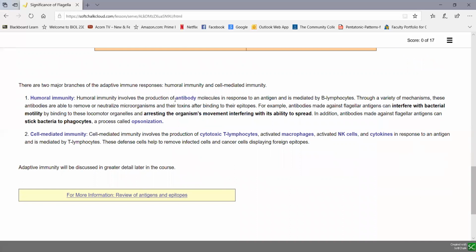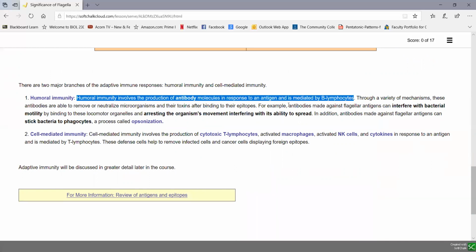And remember, we have 2 branches of adaptive immunity, humoral immunity and cell-mediated immunity. So humoral immunity is the production of antibody molecules in response to an antigen. That's carried out by B lymphocytes. And again, as we've seen, these can neutralize microorganisms or their toxins in a variety of ways.